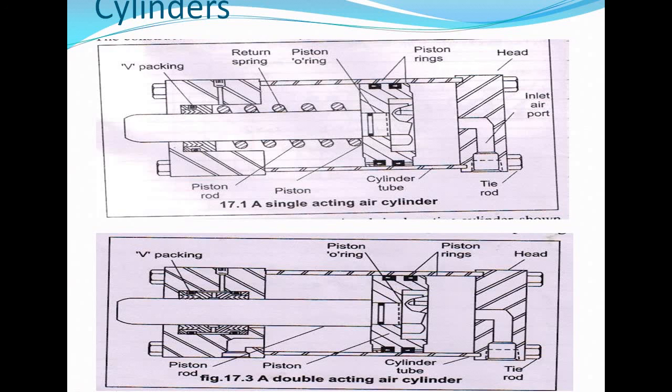This is the piston connecting rod. This is the V-packing. And by reversing the airflow either to this port or the other port, we will be having forward or backward motion. So this was about pneumatic cylinders.